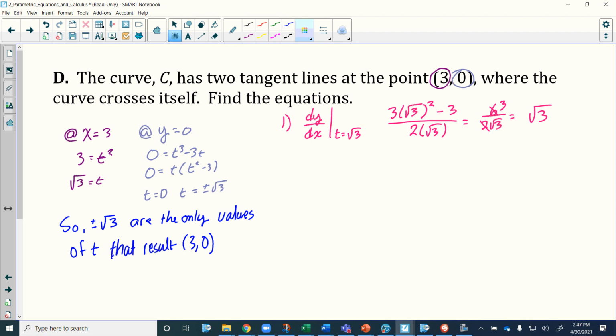So there is one equation of a tangent line, or I'm sorry, one slope. So using the point that they gave me, this point here for x and y, I have one tangent line. My tangent line in this case will be y is equal to the square root of 3 times x minus 3, plus 0 if you want to, but that's it.